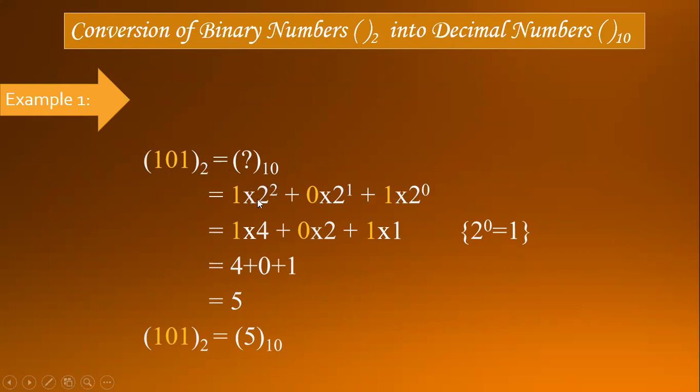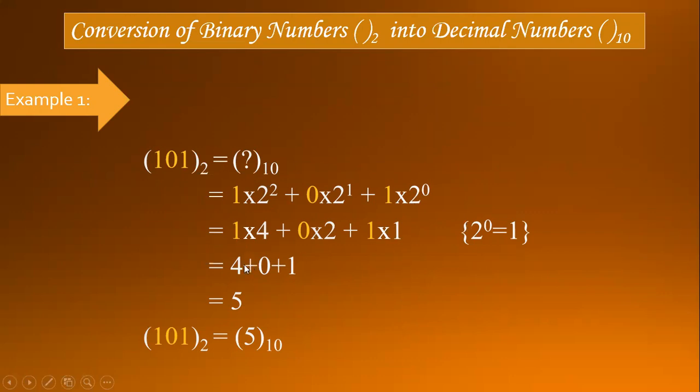In this way, we multiply each digit and then add. Now, 2 raised to 2 is 4, 2 raised to 1 is 2, and 2 raised to 0 is 1. We know that x raised to 0 is equal to 1. So whenever we get the power as 0 for any digit, it is equal to 1.